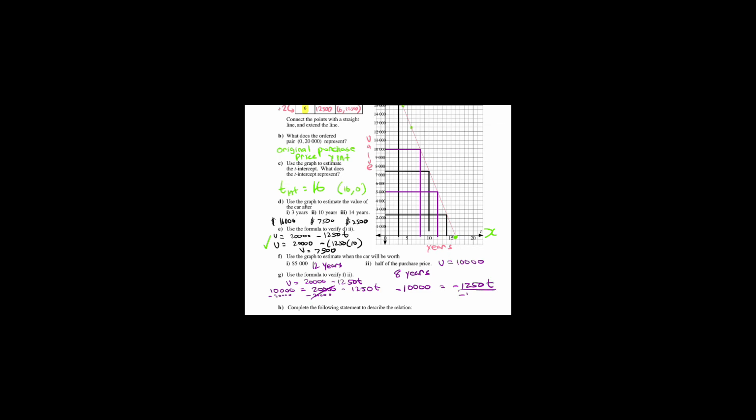So I'm going to divide by negative 1,250 on both sides, and I'm going to get t is equal to, and hopefully that's going to be 8. We'll punch that in the calculator just to verify. So negative 10,000 divided by negative 1250 gives us 8. So completely verified. That's good.